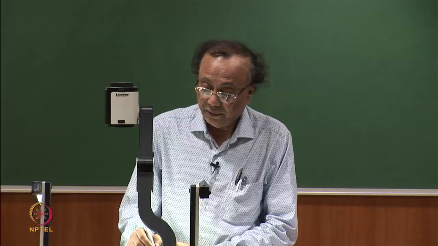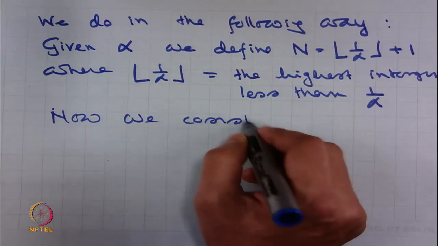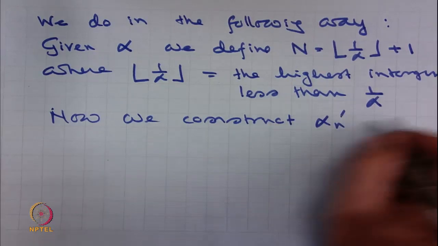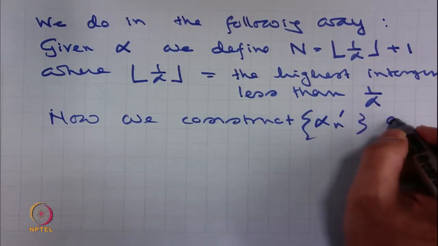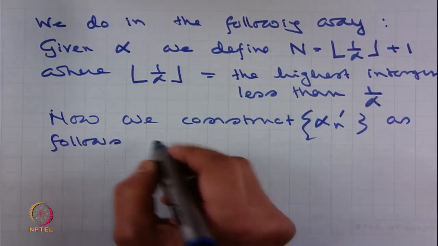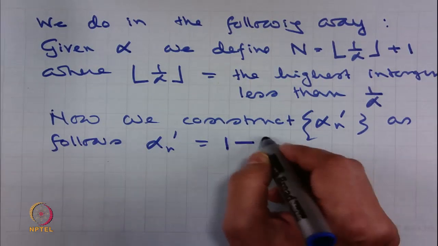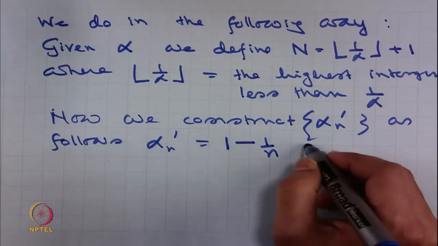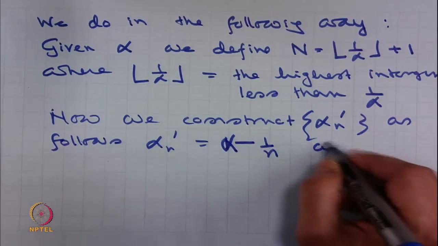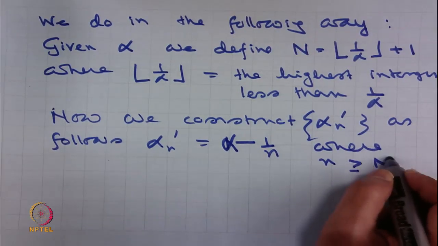Now, we construct alpha n prime, the sequence, as follows. Alpha n prime is equal to alpha minus 1 upon n, where n is greater than or equal to capital N.